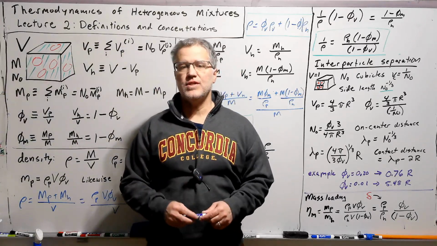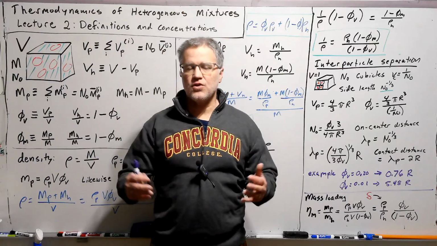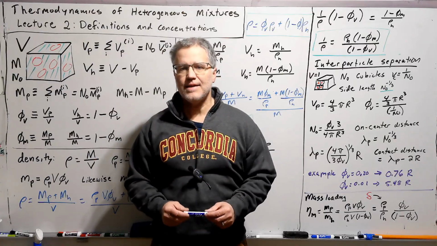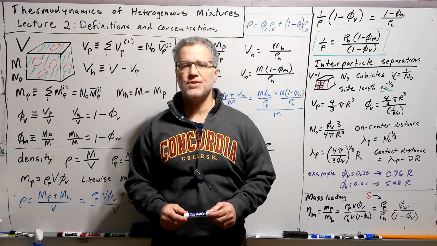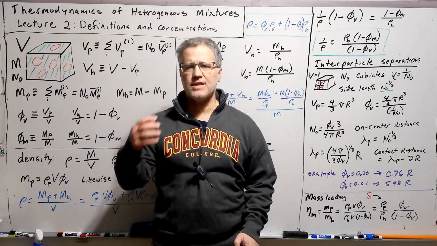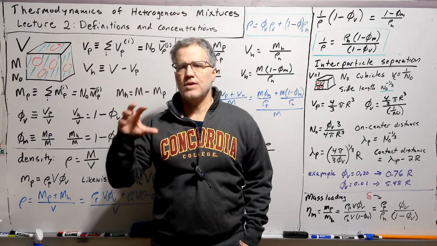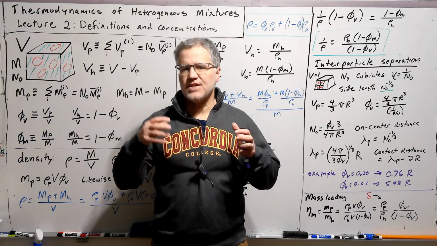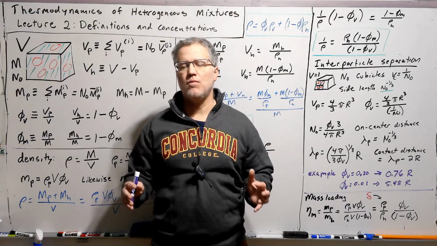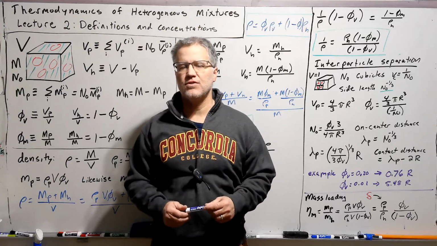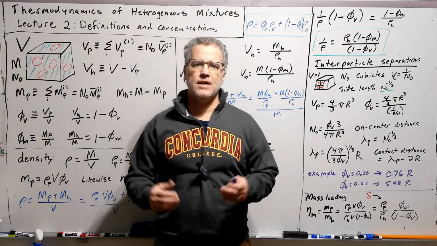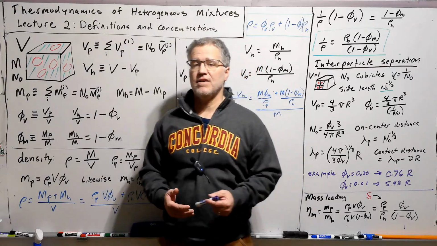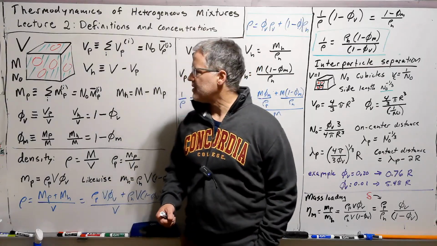So last lecture, we talked about the introduction to the course and then the types of heterogeneous mixtures. While we said then that we want to keep a solid suspension in liquid as our working example, the vast majority of what we're doing in this whole course really applies to any kind of heterogeneous mixture.